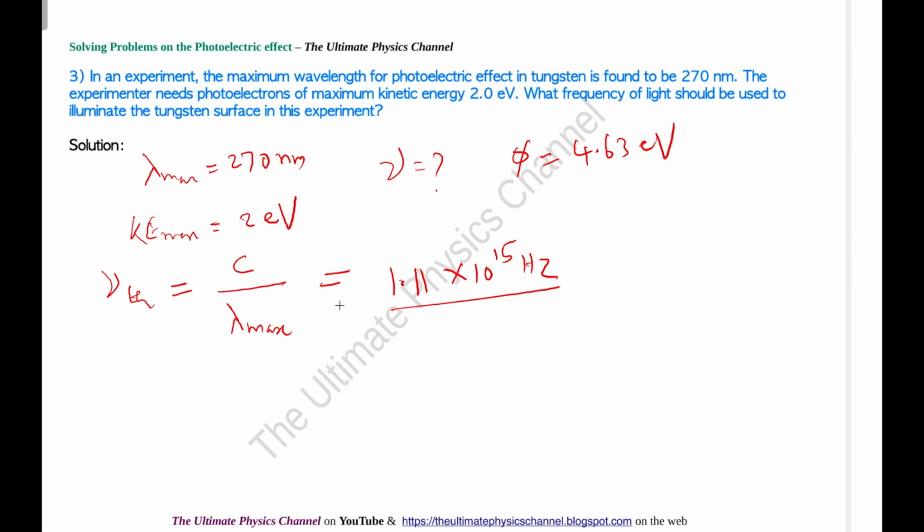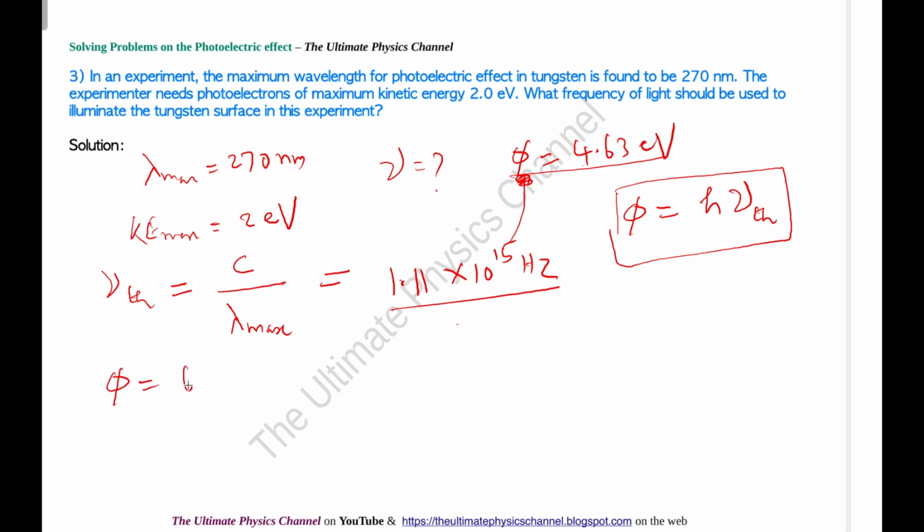And then of course from here you can calculate the work function. You don't have to take it from the table sources. You can calculate this value because the work function is nothing but h nu threshold. Phi is equal to h nu threshold. So if you multiply this value with Planck's constant, you will get 4.63 eV, of course after conversion to eV units, so let me proceed to do that.